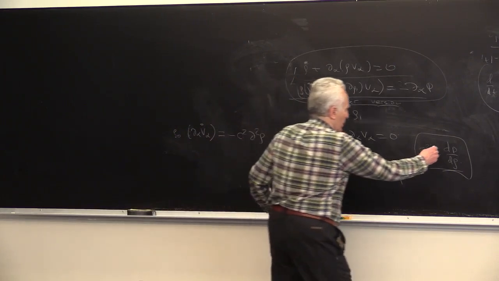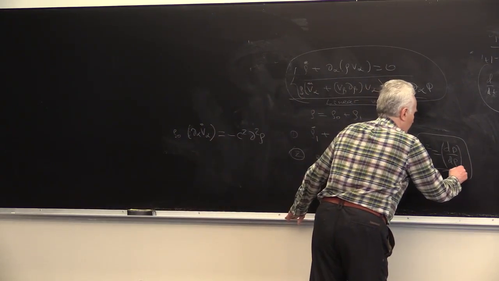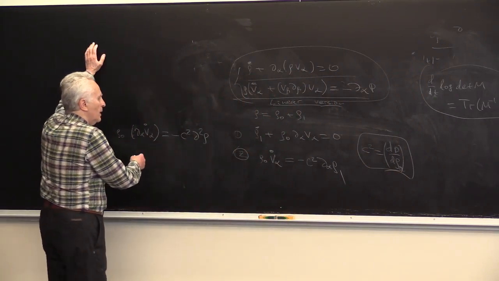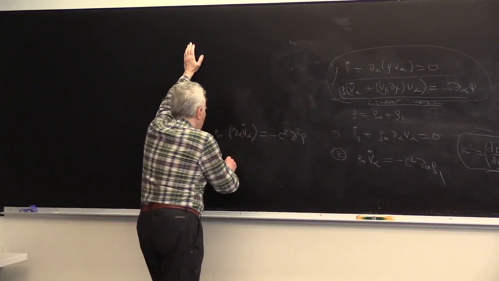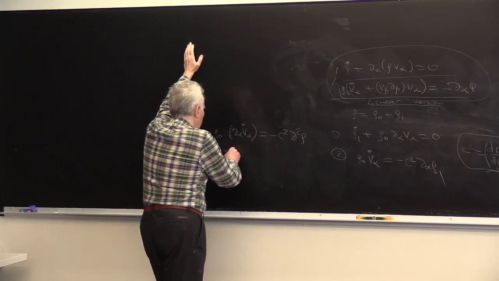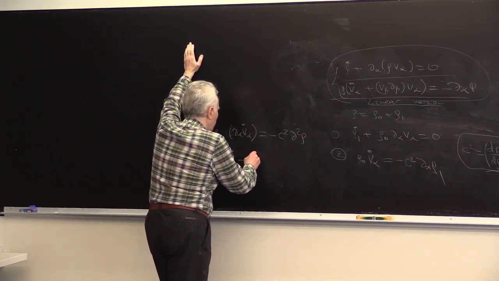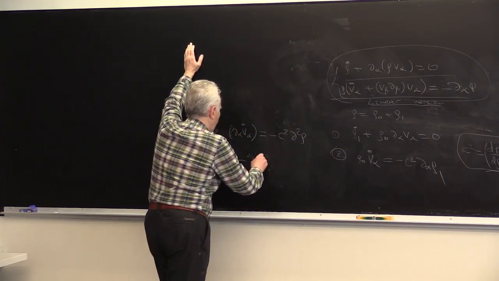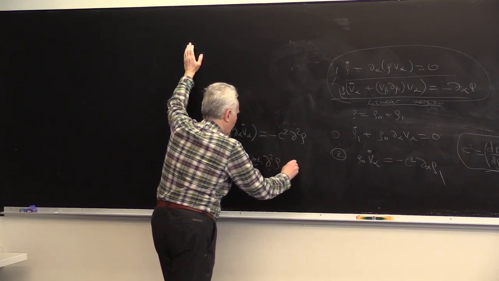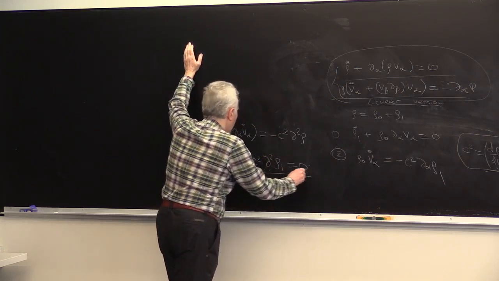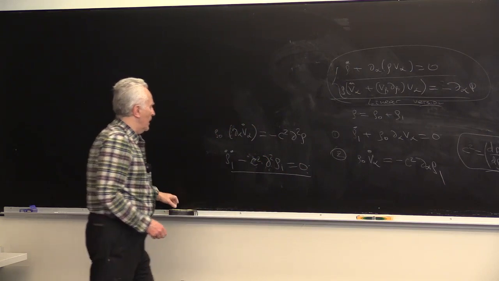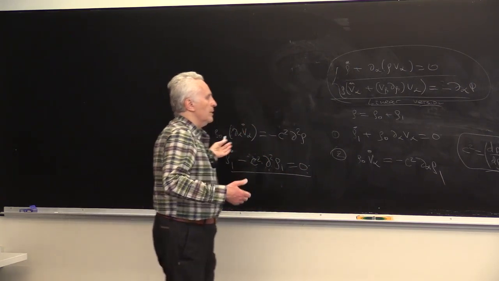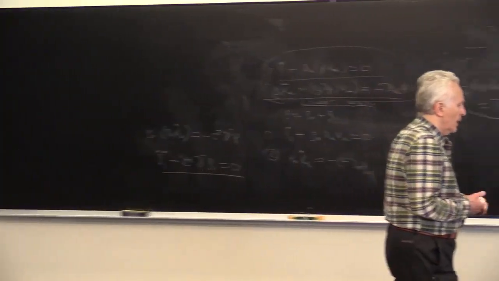And now you get the equation rho 1 double dot minus c square Laplacian rho 1 equals 0. This equation we already encountered.